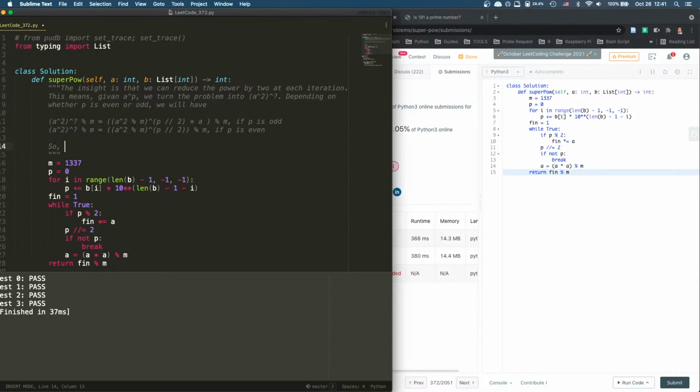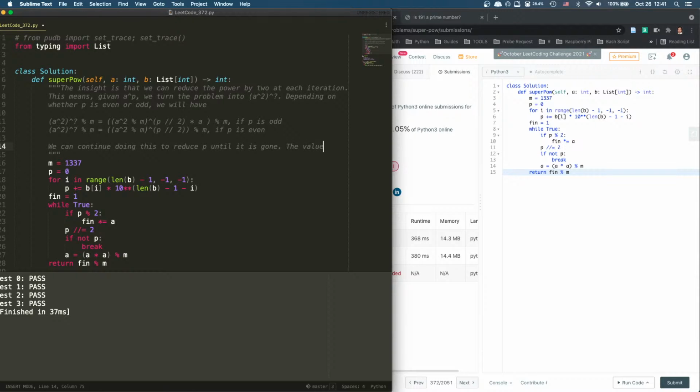So we can continue doing this to reduce the power, right? To reduce p until it is gone.